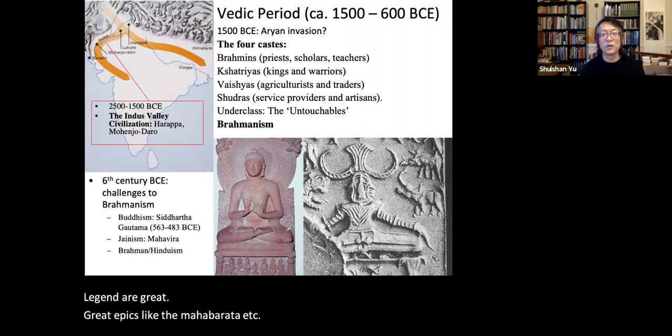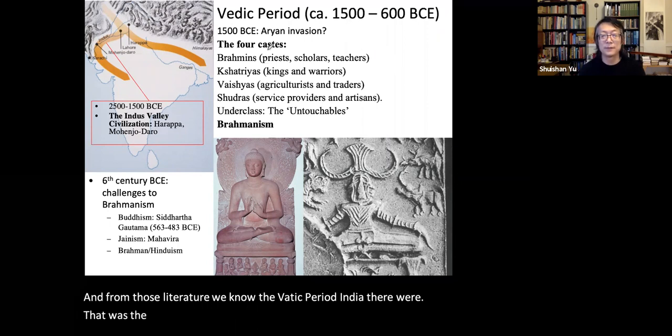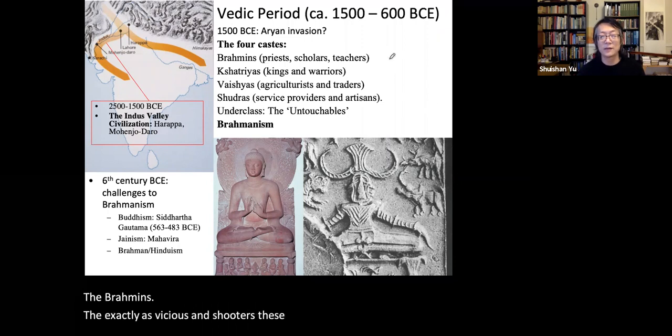And from those literature, we know the Vedic period India, there was the caste system, the Brahmins, the Kshatriyas, Vaishyas, and Shudras. These are the four castes from top to bottom.